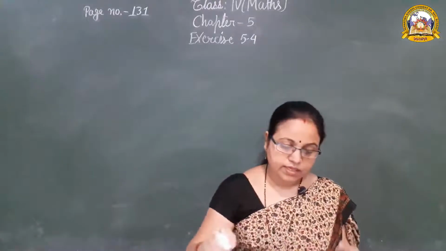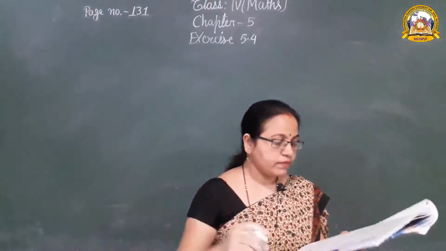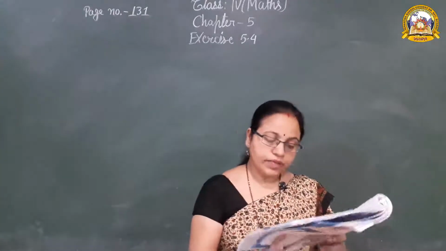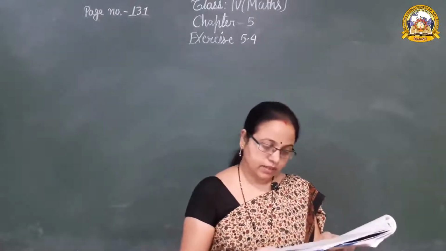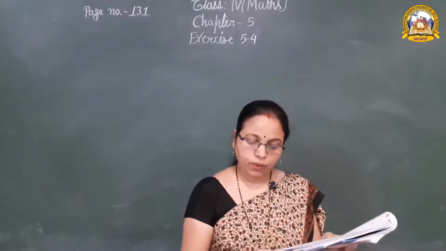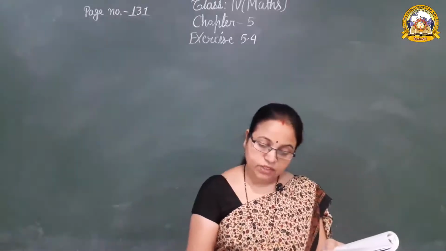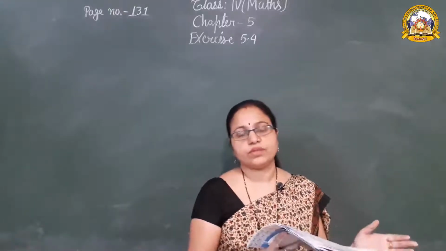Question number B. Solve these word problems. Question number 1. There are 1199 balls in 7 boxes. If each box can hold an equal number of balls, how many balls will be there in each box and how many balls will be left out?